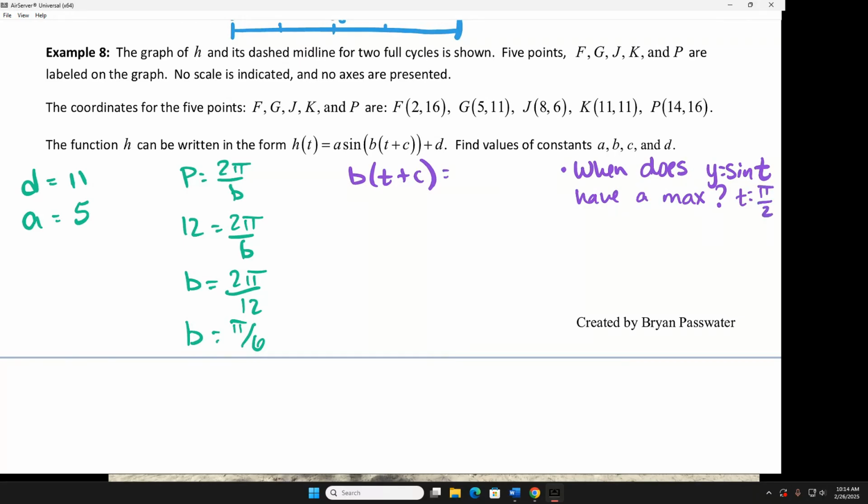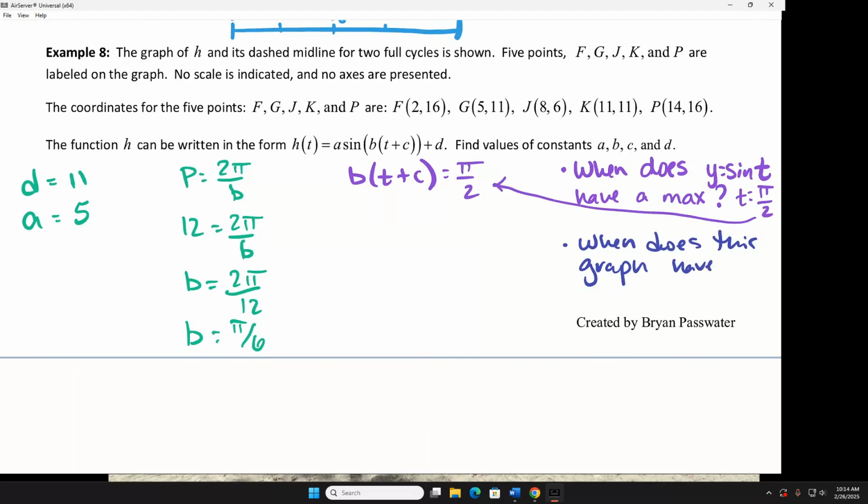So what you want to do is take that little section we just had and set it equal to that angle or time when the parent function would have that maximum. Okay, and then the other question is, when does this graph have a max?